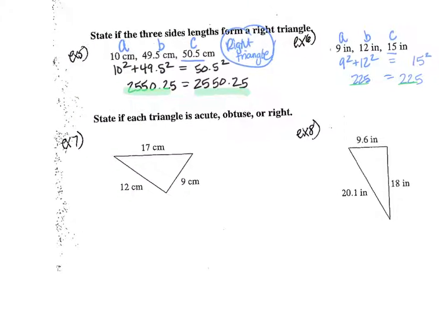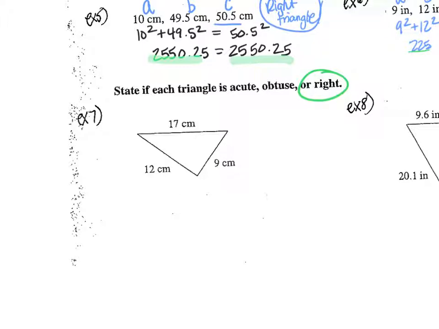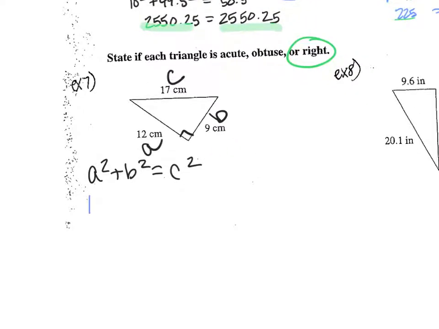Down at the bottom, state if each triangle is acute, obtuse, or right. Okay, for this, I'm just going to say, is it right or not? I'm not going to worry about the other 2. So this is the right angle, so we've got A, we got B, and C. Okay, so 12 squared plus 9 squared, what is that? 12 squared plus 9 squared is 225.